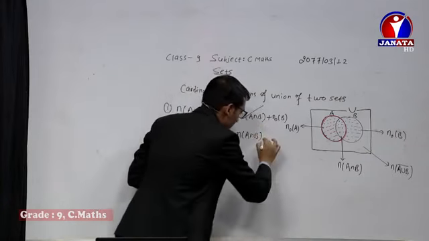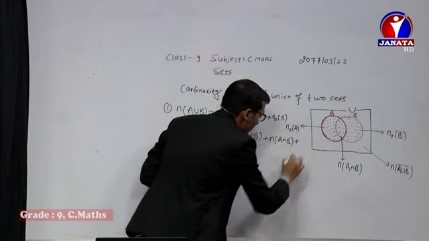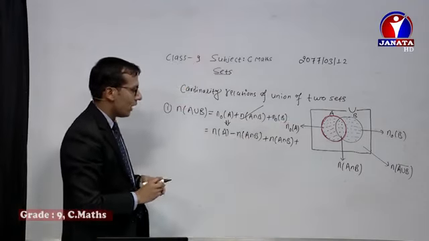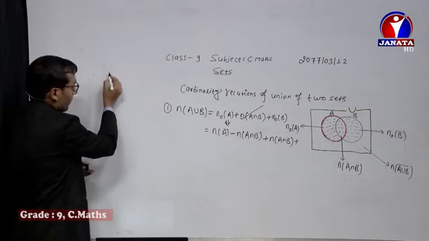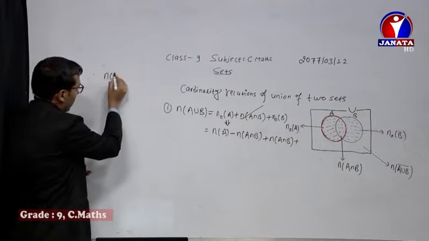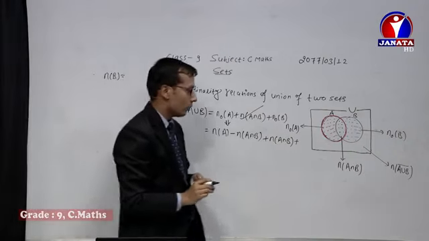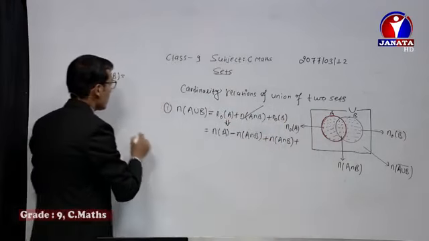Plus n of A intersection B as it is, plus now similarly, what is n only B? We can see here on the rough side, n of B contains two regions, which are n only B and the intersection of two sets.